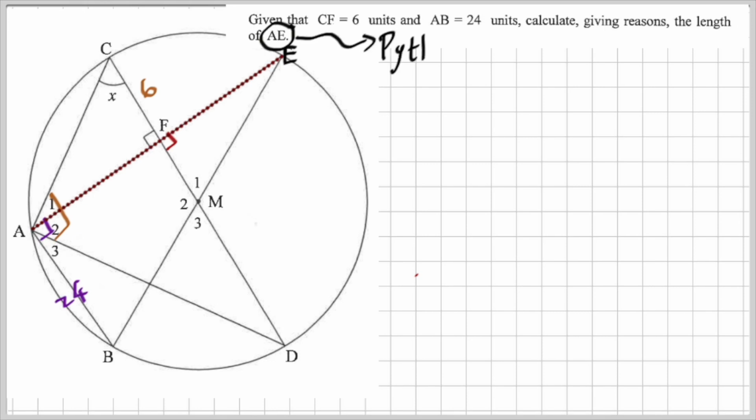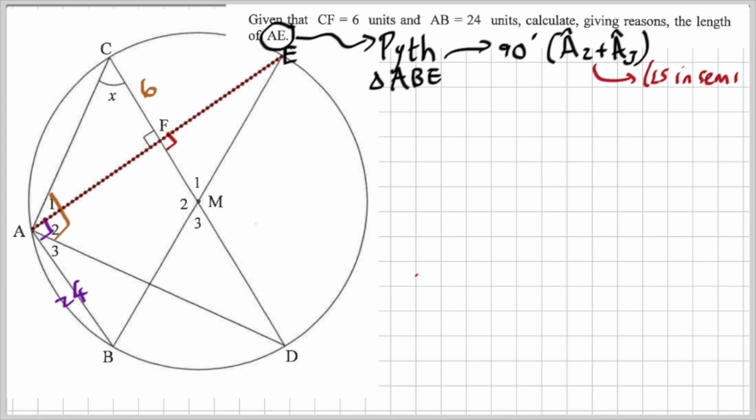If I think about AE, it lies right next to a 90 degrees. So I'm thinking about Pythagoras. But for me to use Pythagoras in triangle ABE, I need a 90 degrees. Very technically, I've got that A2 and A3 is 90 degrees because of angles in a semicircle. But I do have to state this for the examiner if I want to use it.